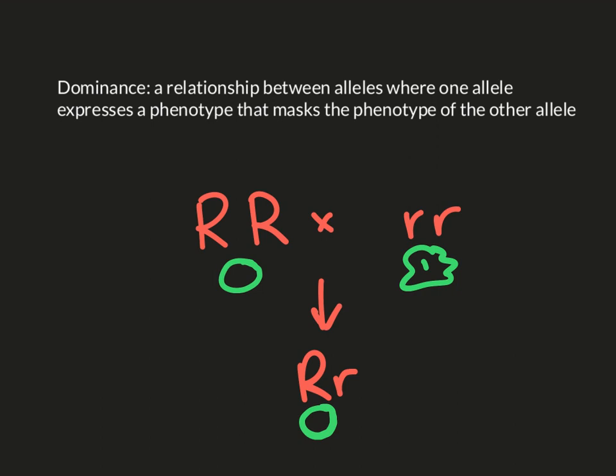Notice that I'm talking about dominance and recessiveness as the relationship between the alleles. A lot of us have a kind of bad habit of talking about dominance with respect to the phenotype, of saying that the round pea is dominant to the wrinkled pea. And that's going to be problematic going forward in this class because, as we are going to learn, there can be more than two alleles.